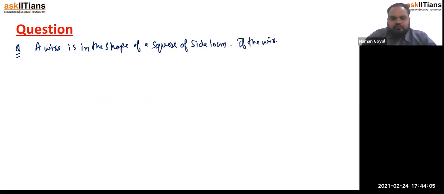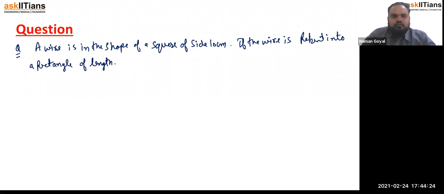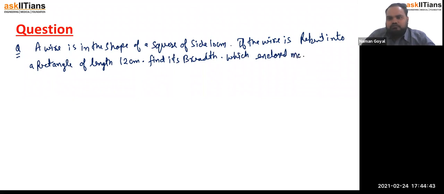If the wire is rebent into a rectangle of length 12 centimeter, then find its breadth. Okay, now tell me which enclosed more area.